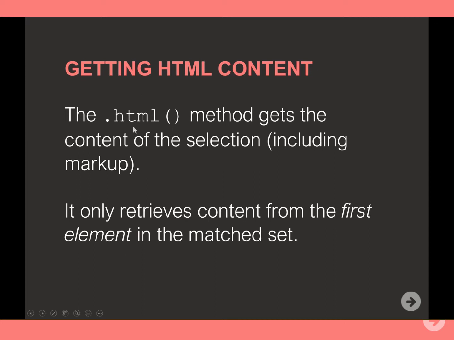That means for HTML, for example, if it's a list item, it will only return the content of the first list item. Another thing is that because this is HTML content, it will also include the format information. So not only the text, it also has the tag.